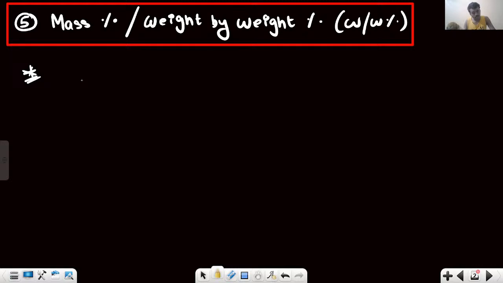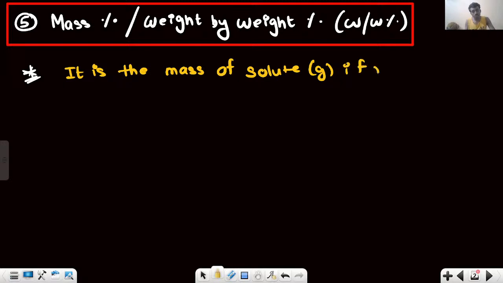First let's write the definition, then I'm writing the formula. Definition says it is the mass of solute in gram dissolved in 100 gram of solution.